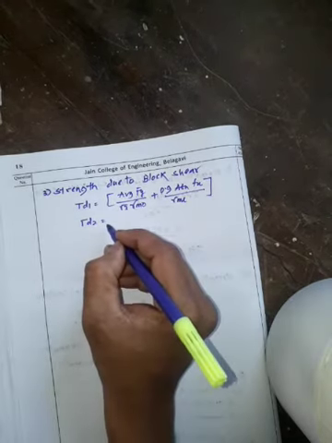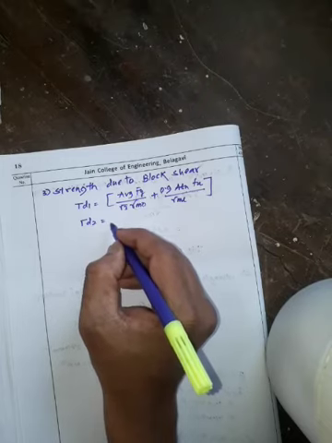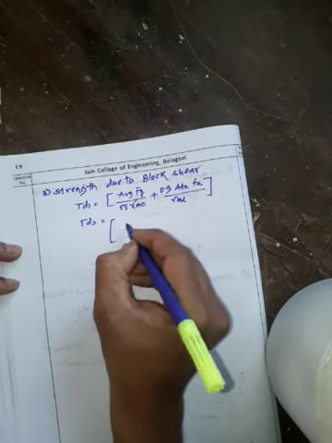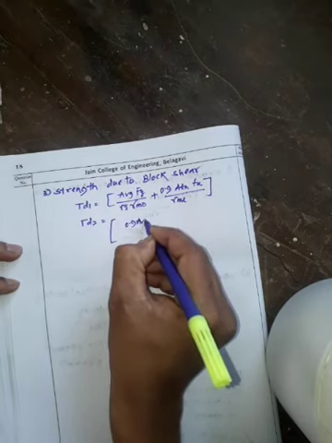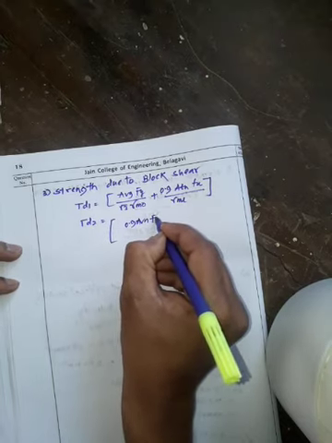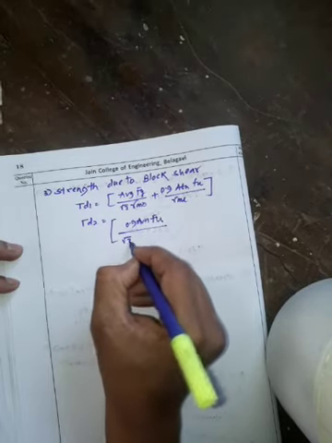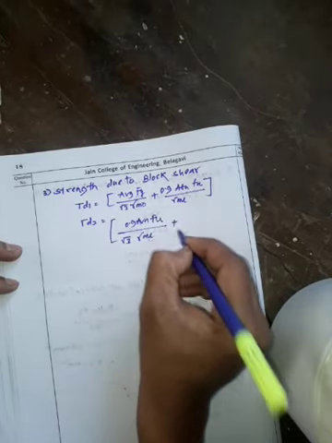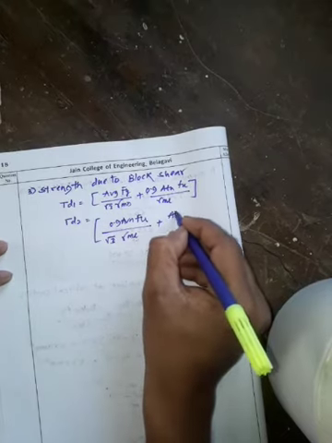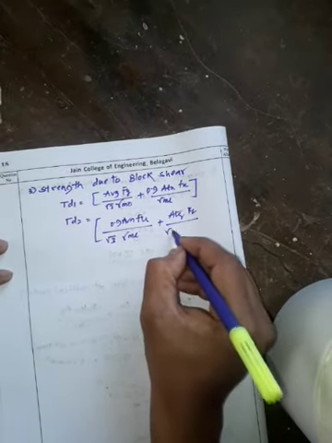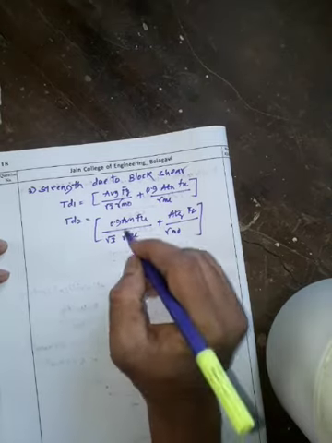So what is Td2? Td2 is 0.9 Avn Fu divided by root 3 into gamma m1, plus Atg into Fy divided by gamma m0. So here what is important?